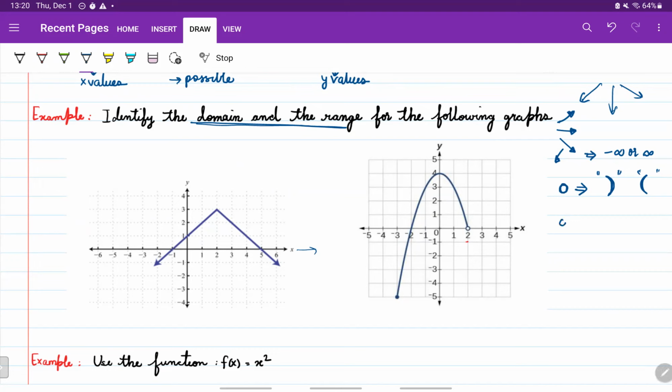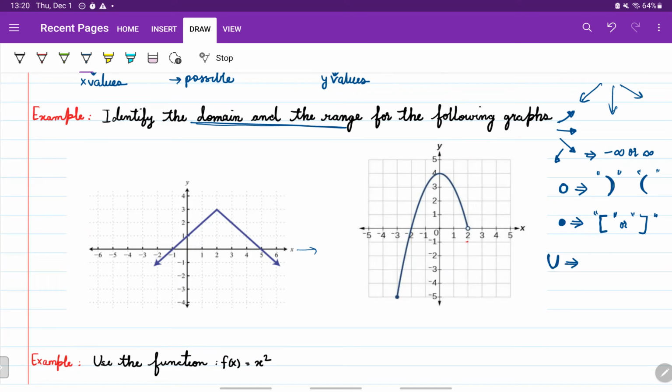And if you have a closed circle, a filled circle like this, that means that point is included in our function. So you get a square bracket, open or closed. These are some things to remember: arrow marks, then your parentheses, and your square brackets. And then there are two more symbols to know.